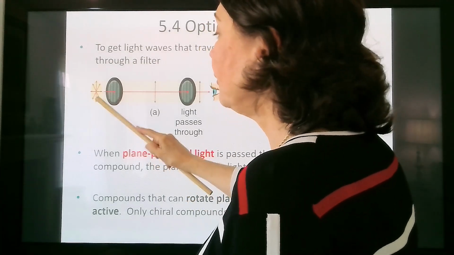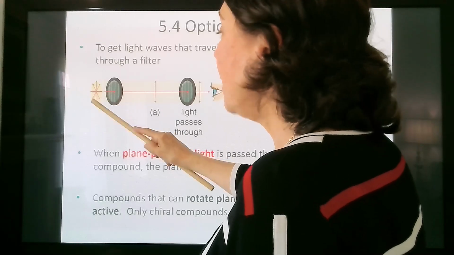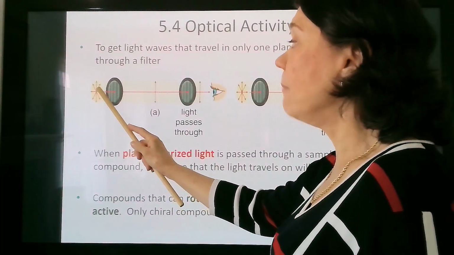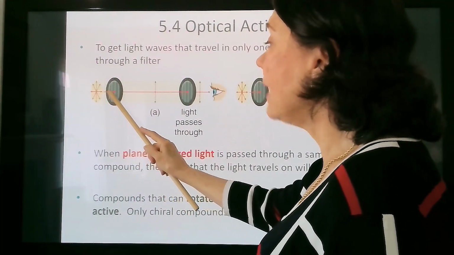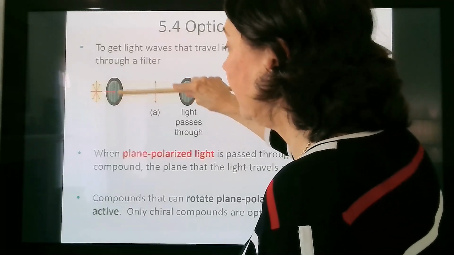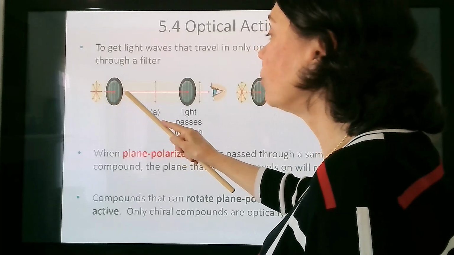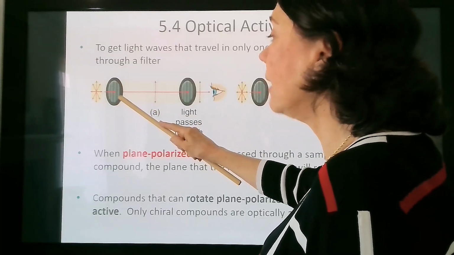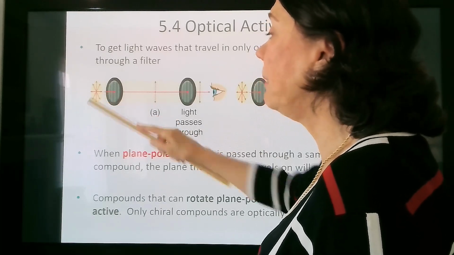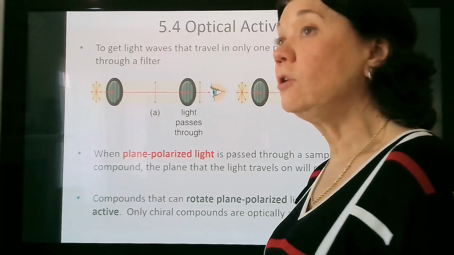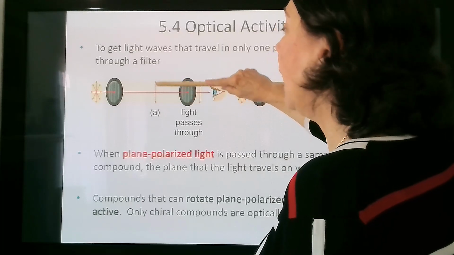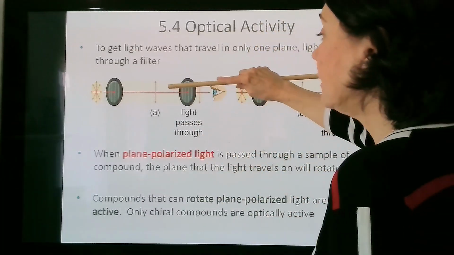And so these would represent the infinite number of planes of the light that come from that light source. And so when it passes through this polarizing lens, you see the little slits here going from top to bottom. That's supposed to represent the fact that this is polarizing, and all of the planes of light that are coming from that light source are going to be screened out except for the light that is just in one plane. And so that's what is represented here.